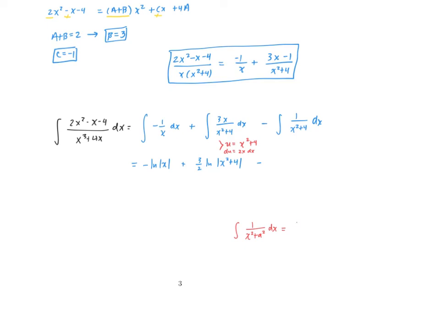What it is equal to is 1 over a arctangent of x over a plus c. So in our case, note 4 is 2 squared, so our a value is 2. And we're left with 1/2 arctangent of x over 2. And this completes our current example.